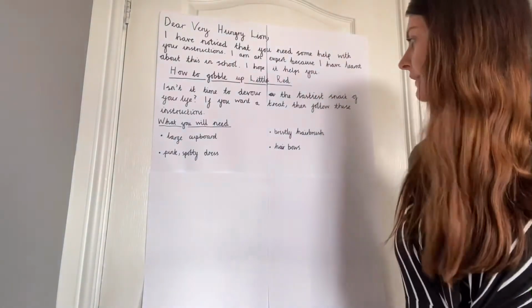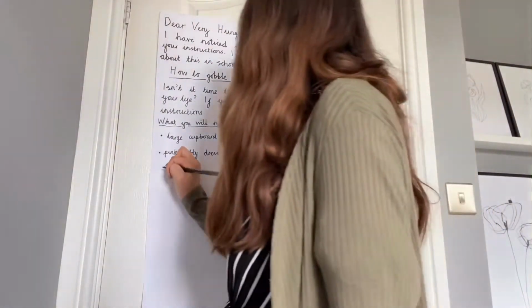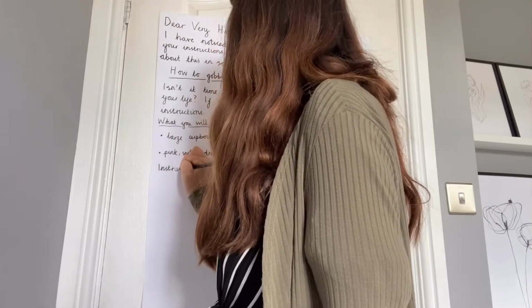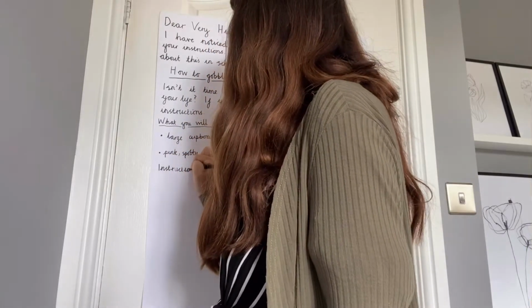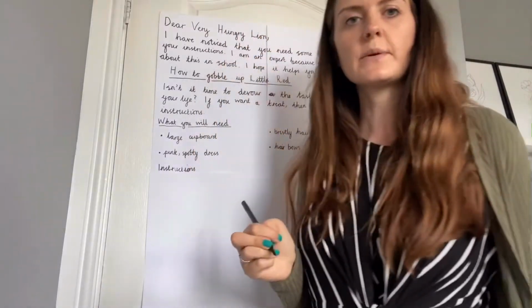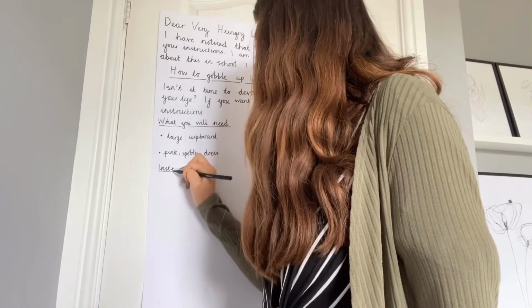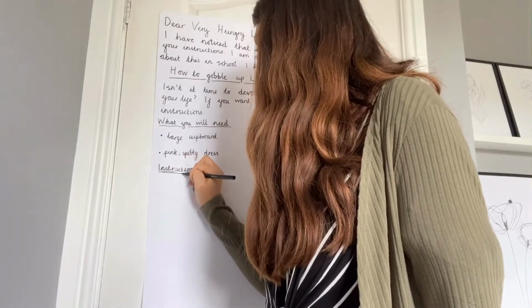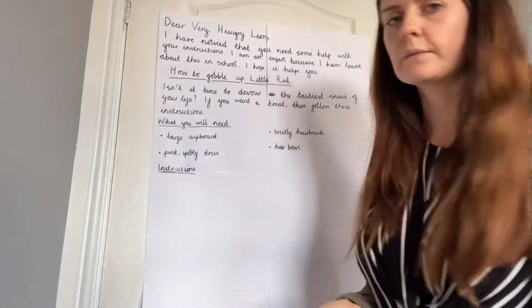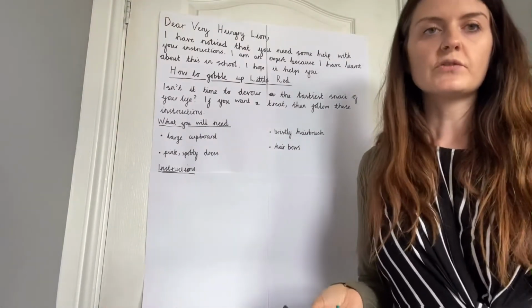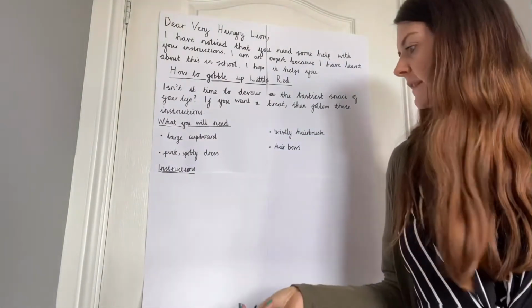Okay, so now I'm going to write the heading instructions, and this is the bit where we're going to write about what we actually need to do. Okay, so again, I need to underline that so it's clear for the reader where the instructions actually start. Okay, so we know that when we're writing instructions, we need to use numbers to set them out.